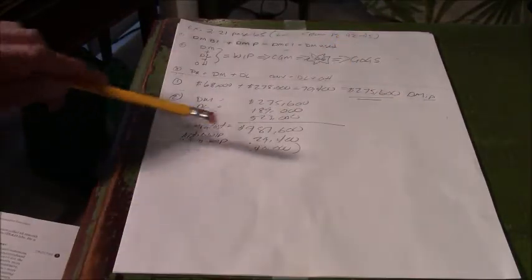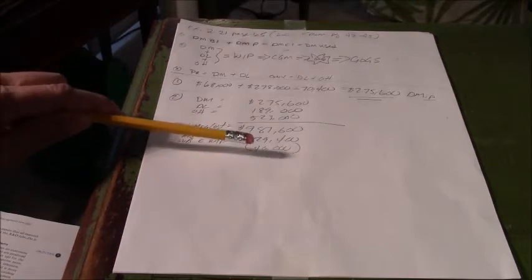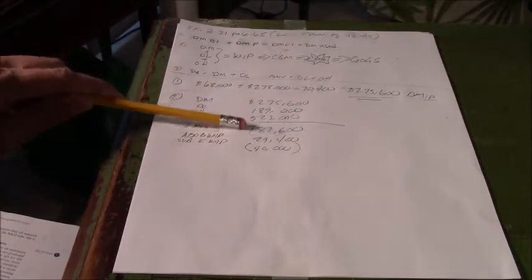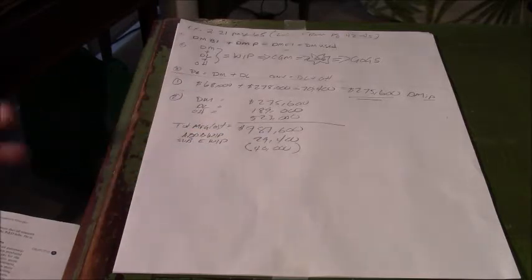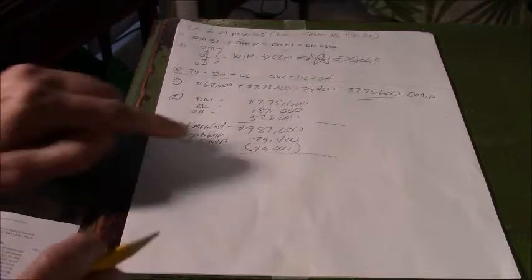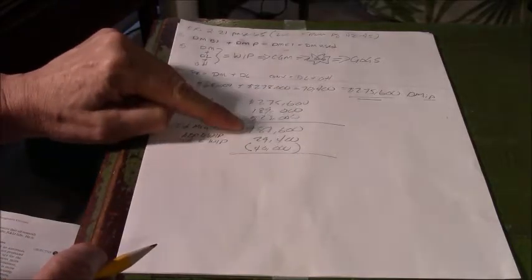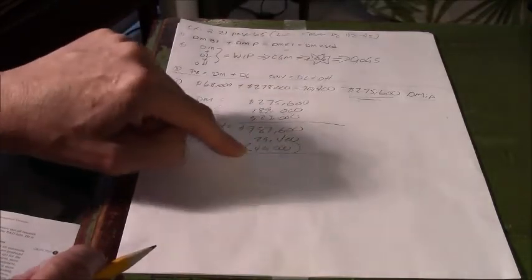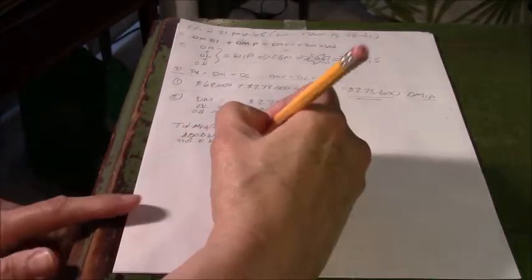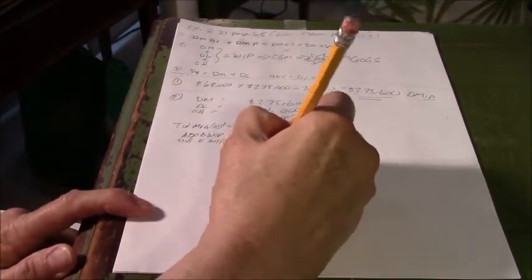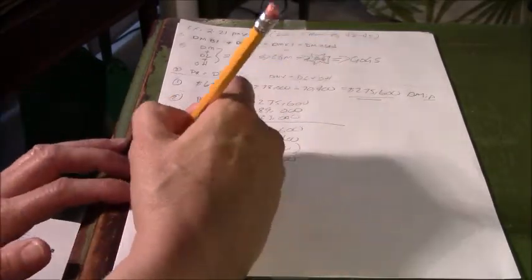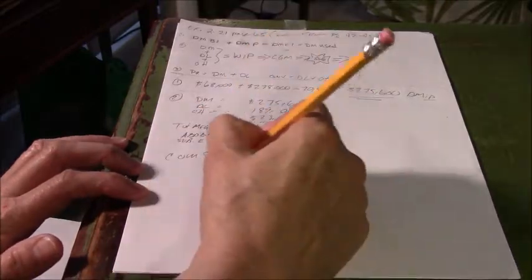So this is what we had on the factory floor to begin with, what ran through the factory floor, and what was still on the factory floor at the end of the year in terms of inventories. So 987.6 plus 29.4 minus 40,000 is 977,000. And that is the answer to the question, the cost of goods manufactured.